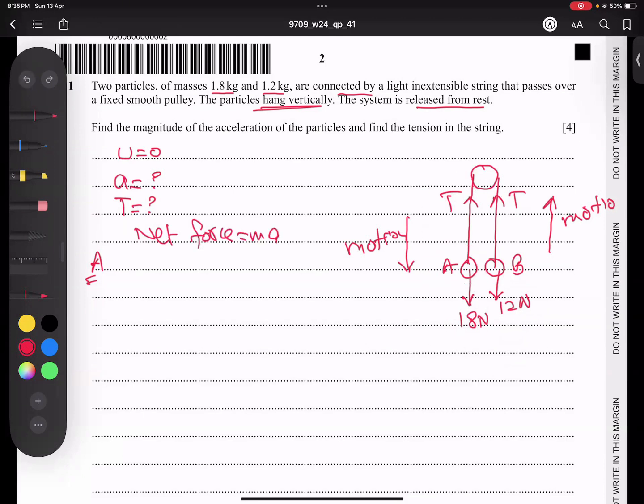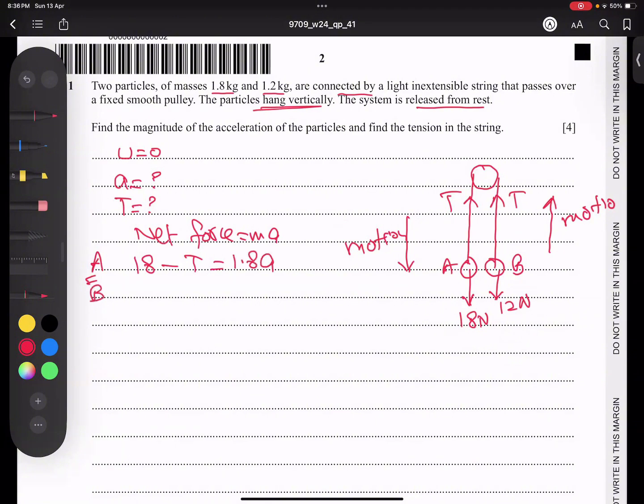Two forces, one downwards and one upwards: 18 and T. Some students start wrongly with T minus 18, which is wrong. Because motion is downward, the 18 is a bigger force compared to the tension. So I write 18 minus tension is equal to MA, which is 1.8A.